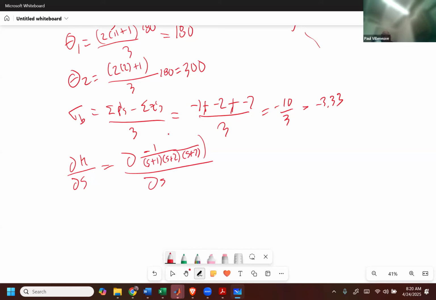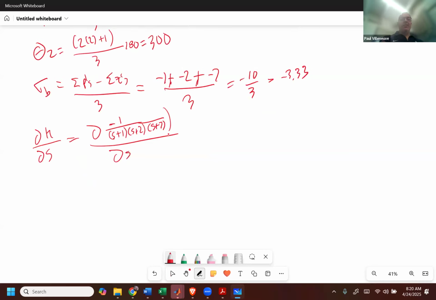I find it easier to do derivatives when you have numerators and denominators to just expand any polynomials. So s plus 1 times s plus 2 is s squared plus 3s plus 2. Then we multiply that by s plus 7. s times s squared is s cubed. 3s times s is 3s squared, plus 7s squared is 10s squared.